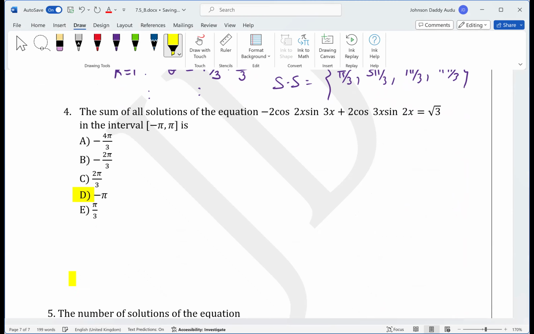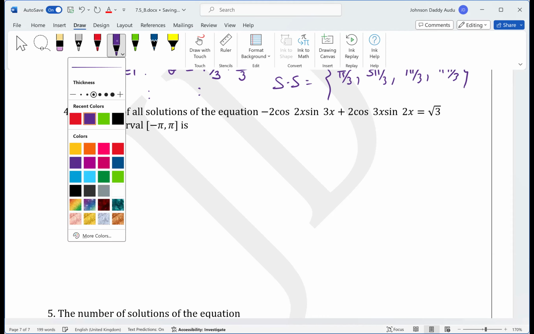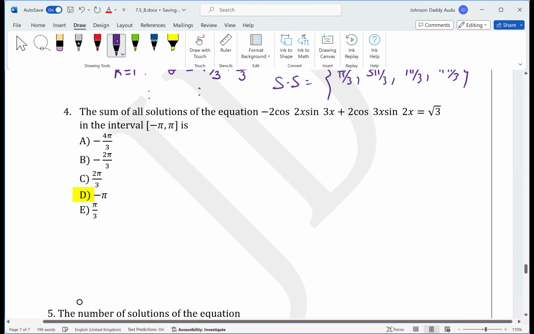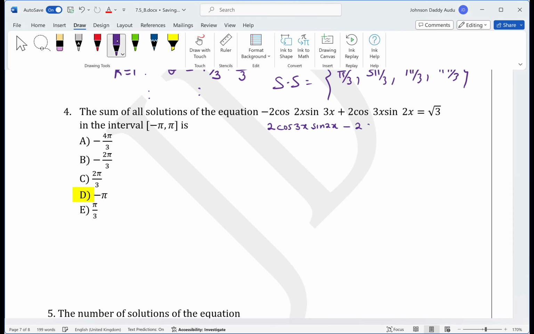But we can look at this and try to simplify. You have so many terms, like 4 terms. But if you look at this, we can write this as 2 cosine 3x sine 2x minus 2 cosine 2x sine 3x equals root of 2. Just trying to rewrite things.